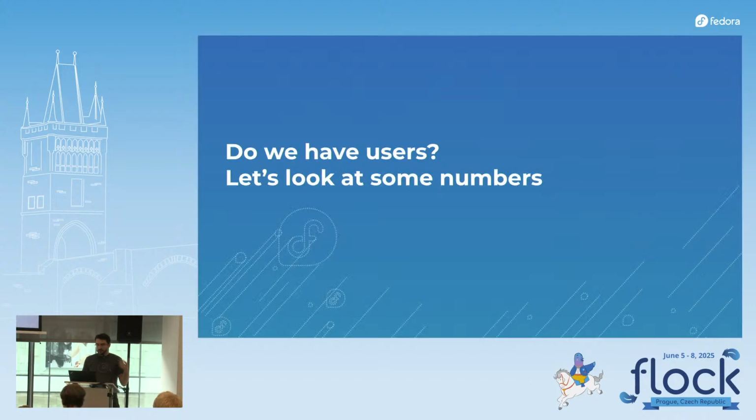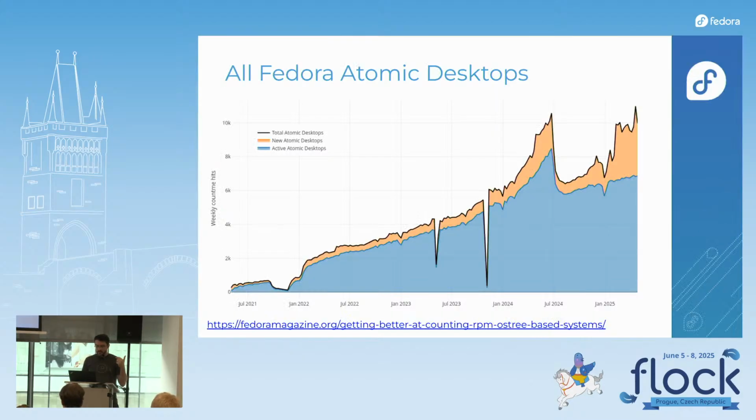So once we've said that, okay, all right, we're in Fedora. We have super nice things around updates, but do we actually have users? Thanks to the community support, we can now look at approximately how many systems we are running. If you look here at the graph, there are two colors. The bottom part is the systems that are at least 1 week old, so hopefully systems that have been installed for a while.